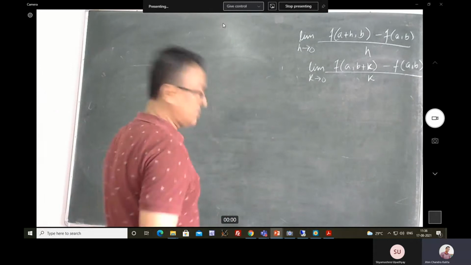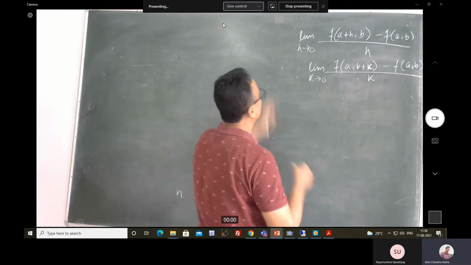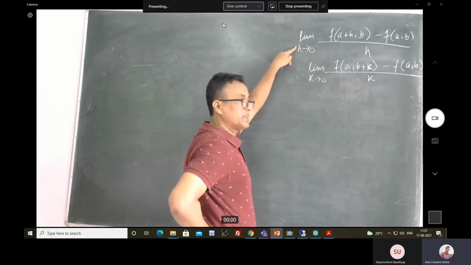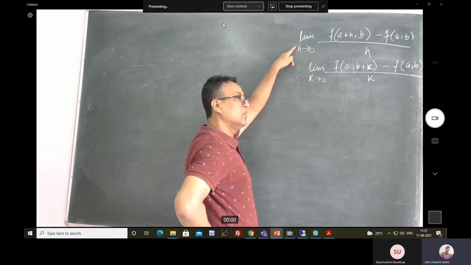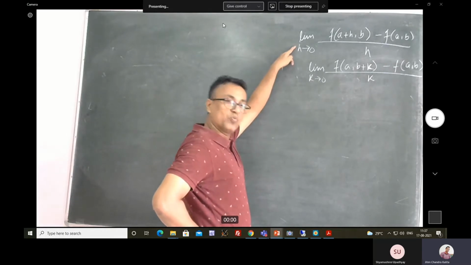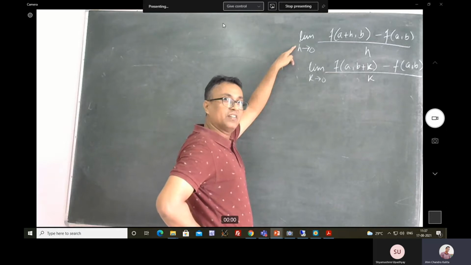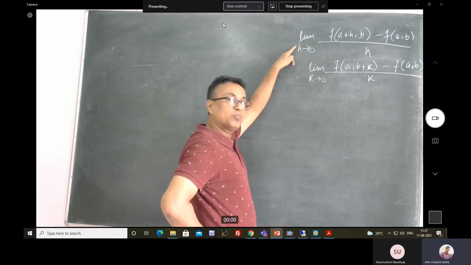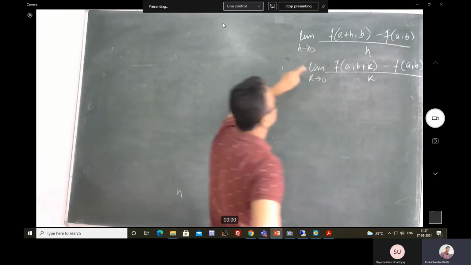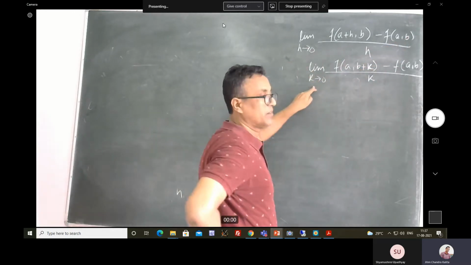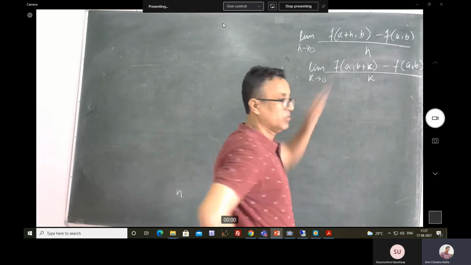What is happening here? In order to find this limit, although we have considered a function of two variables, we have kept one of those variables constant, that is b. And likewise, here we have kept a constant.